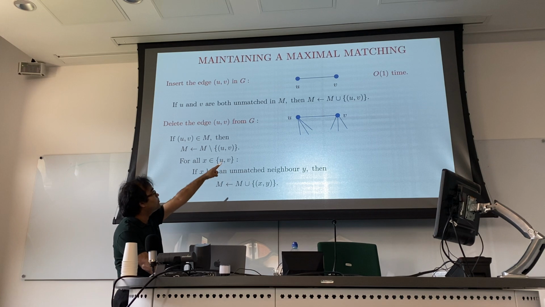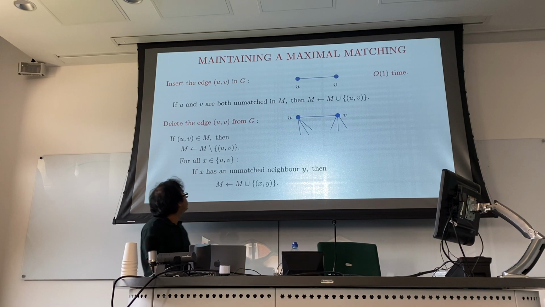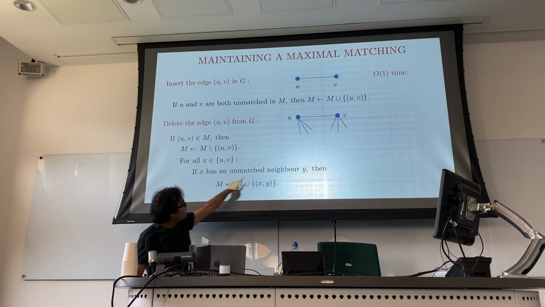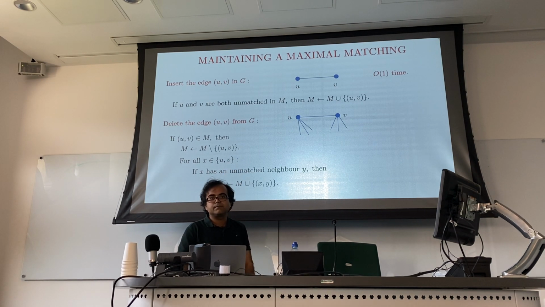After that, we need to visit its two endpoints, visit all their neighbors and see if we can rematch these two endpoints to any of their potential neighbors. That's all we are doing. Go through each of its two endpoints. For each such endpoint X, find if X has any unmatched neighbor Y. If yes, just match X to Y and add it to your matching. And at the end, you will recover a new maximal matching.